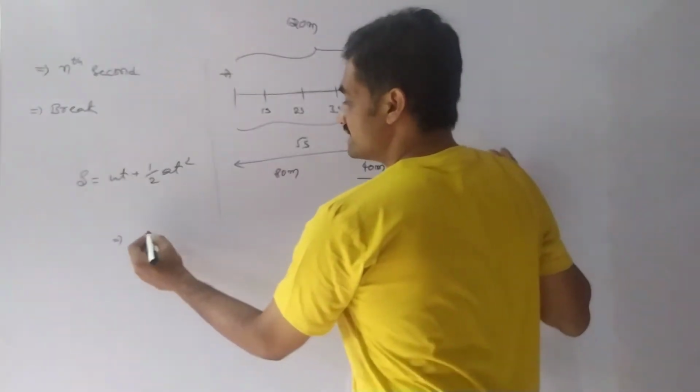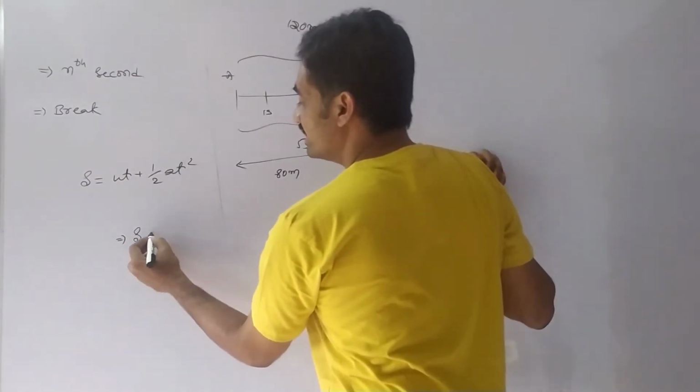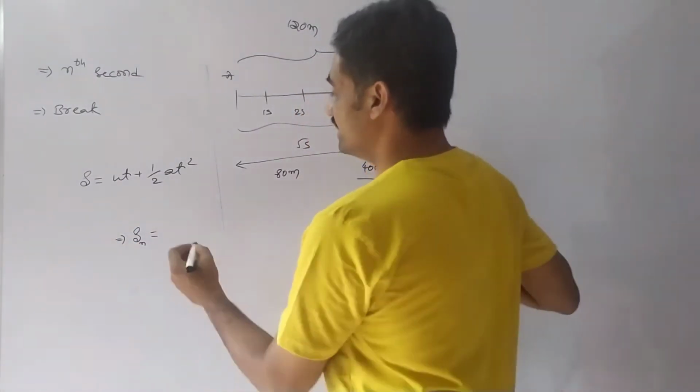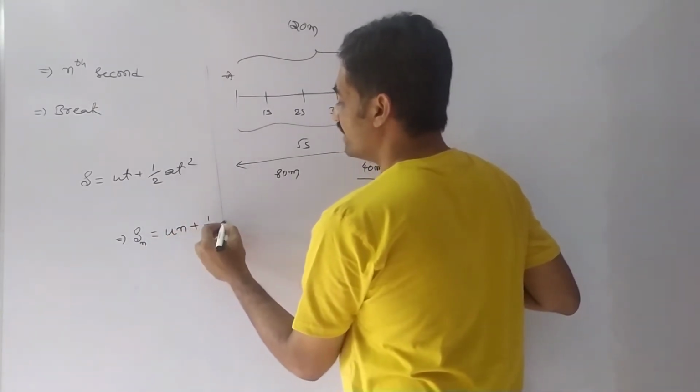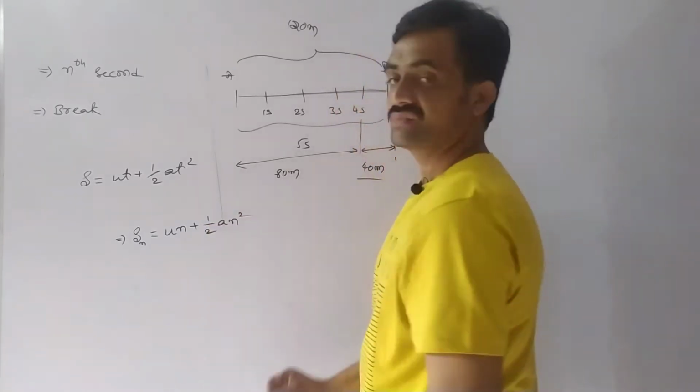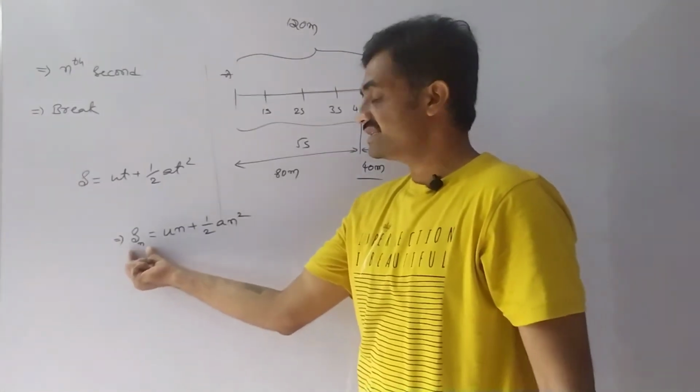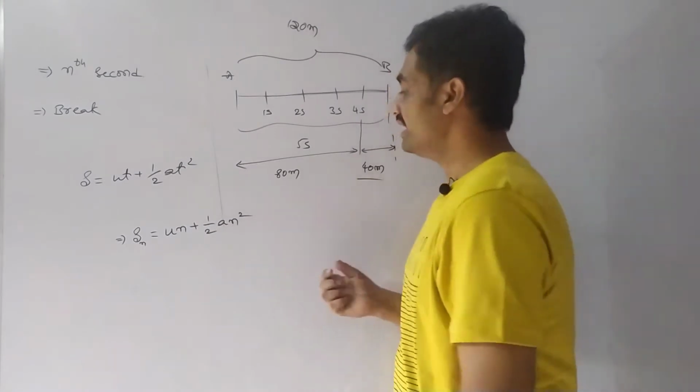Let us consider the distance travelled by the body in n seconds is un plus half a n square.